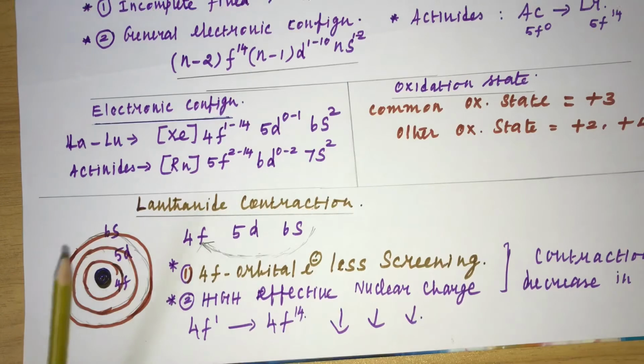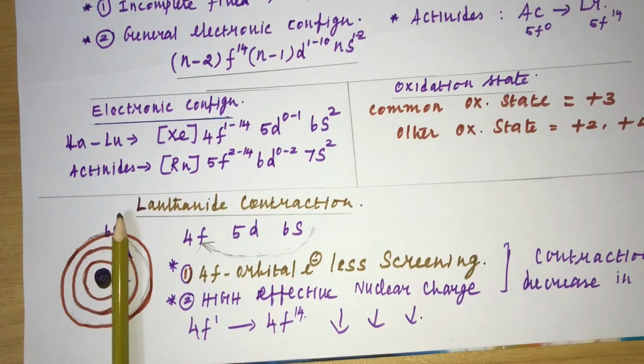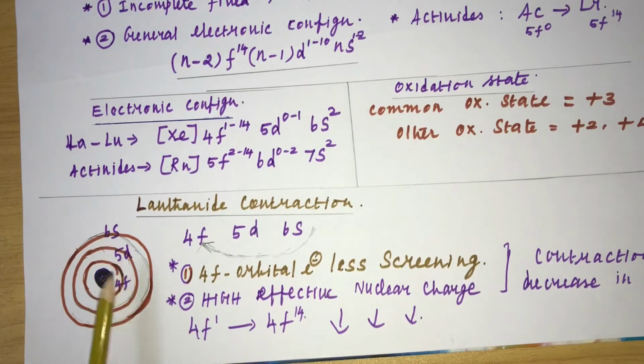Lesser screening effect means it screens the nuclear charge less, thereby the nuclear attraction over the outermost electron will be more, pulling it inward. Thereby the size decreases. So that is the reason for the decrease in the size of the lanthanide ions.